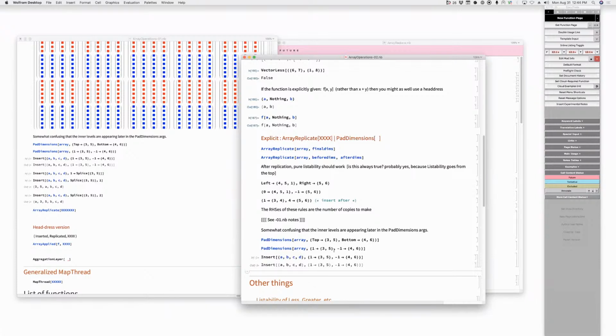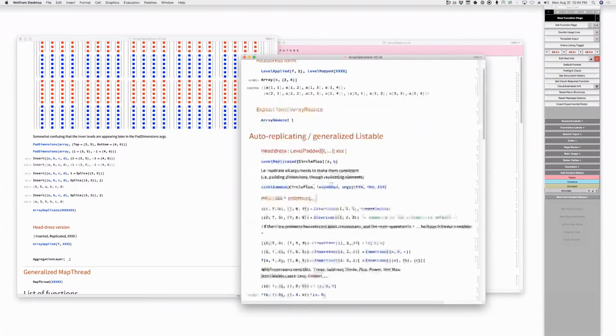So in other words, in the dimensions list, it's saying at position 1 in the dimensions list, now have 3, 5. Makes sense? Yeah. Okay.